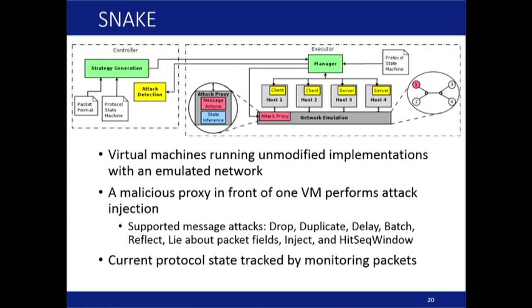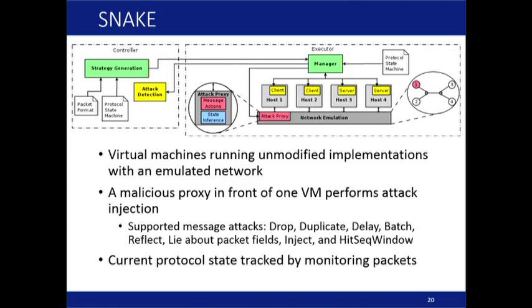We run our unmodified protocol implementations in virtual machines and connect these virtual machines to an emulated network. In front of one of these virtual machines, we place a malicious proxy that performs our attack injection. This proxy supports a number of different basic message attacks, things like dropping, duplicating, delaying, modifying packets, or injecting new packets singly or in sequence. We'll talk more about the message attacks and why we chose these message attacks in a few minutes.